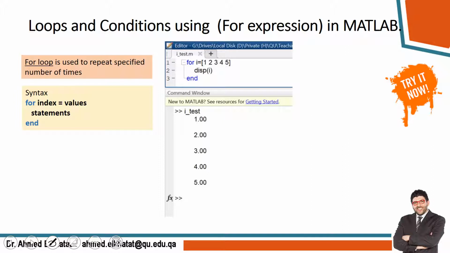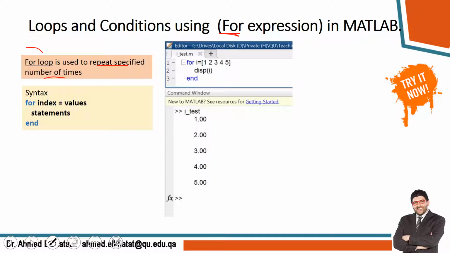Now we'll go for the for loop expression. Okay, now the for loop is used to repeat a specified number of times. So it will not check whether it's correct or not correct. It will check a specific number of times.